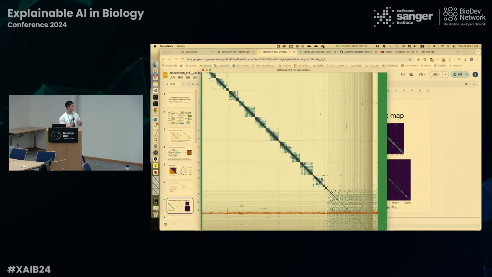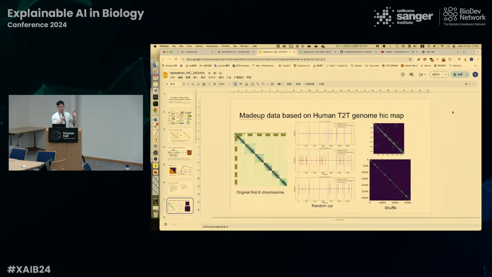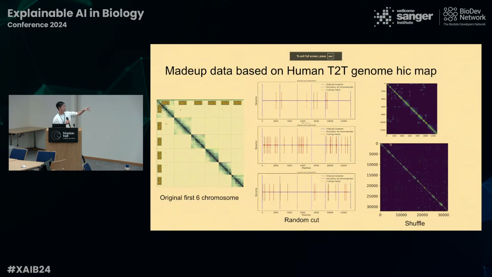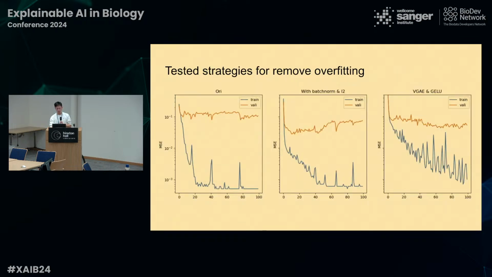So we are going to generate some data sets from the human genome, just like this one. After the shuffle, we can see this is a little bit like that problem, and then we are going to work on this sort of problem based on the human genome.